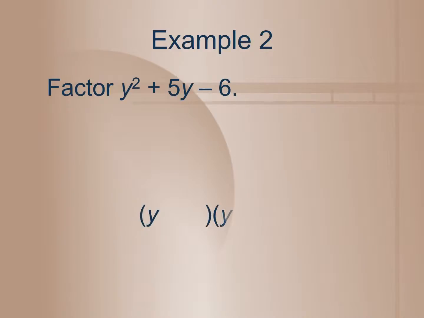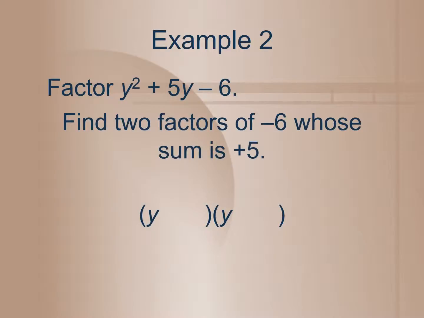Let's look at another example. Let's say we have y squared plus 5y minus 6. Remember, we start with: what are two factors of y squared? Well, y times y makes y squared. Now we think, what are some factors of negative 6? Whatever factors we pick, we have to make sure that they add up to positive 5. So two factors of negative 6 whose sum is positive 5.